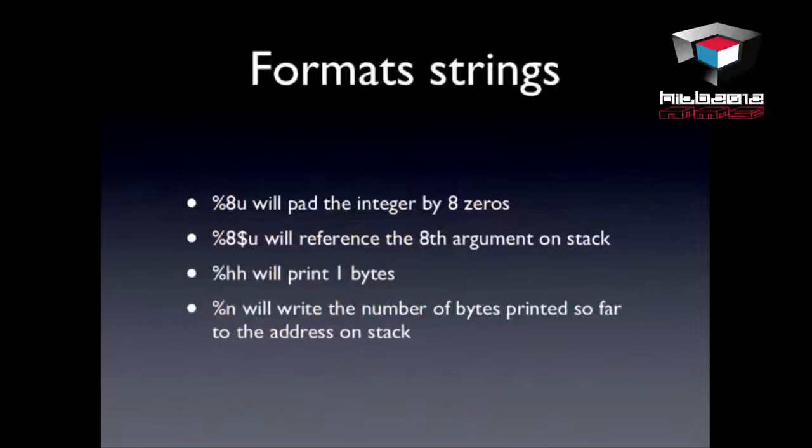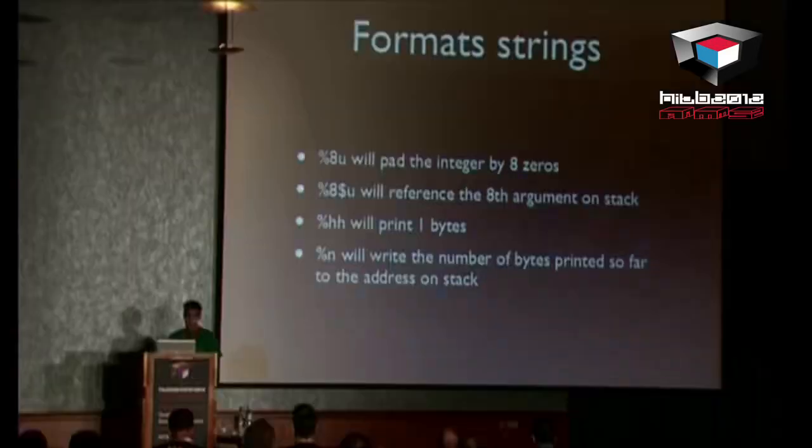The $ allows you to reference arguments on the stack relatively. So I guess %8$ would reference the 8th argument on the stack. hh can make it only print 1 byte. And the most important one, %n, actually writes the number of bytes printed so far onto whatever address is on the stack.